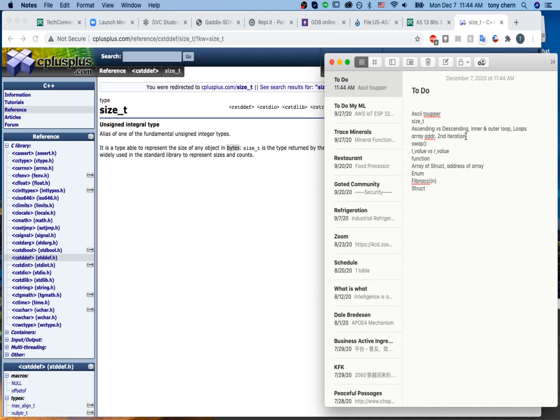And the fourth one, we are talking about array addressing. The first one is zero, the second one is one, and the third one is two. 0, 1, 2, 3, 4, and 5 is the sixth one. It has to be zero-based on the inside, and in iteration you use the same way.